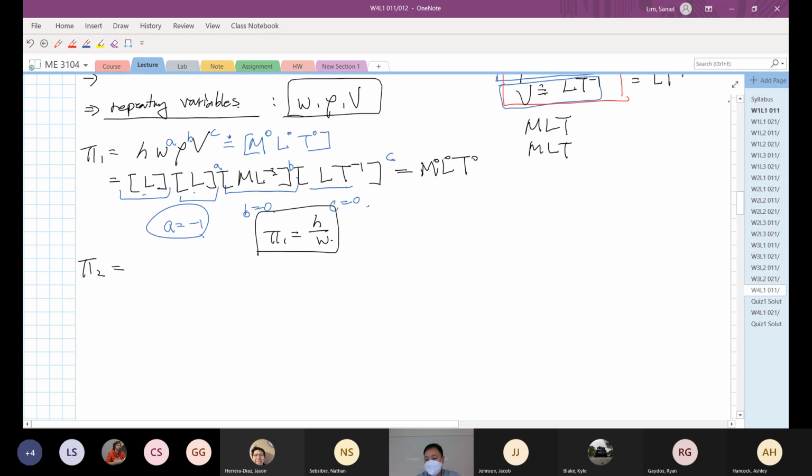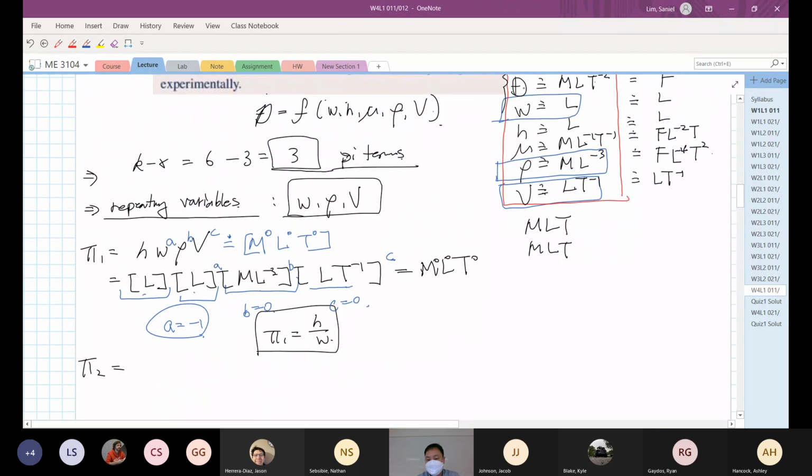Now we use the D to find. So the next one is, let's choose, what did I choose? I choose mu here. Mu W rho V. I actually used a different order. Here's my pen here.